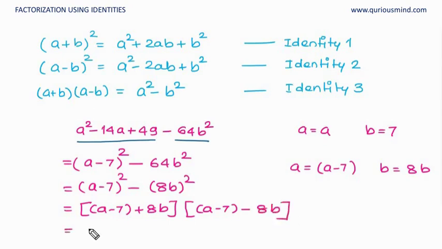And so what I get is A minus 7 plus 8B is one factor. A minus 7 minus 8B is the second factor. And we have factorized this. So now if you see here, we have used multiple identities. We have not used only one, we have used more than one identity. Let's see a last example.